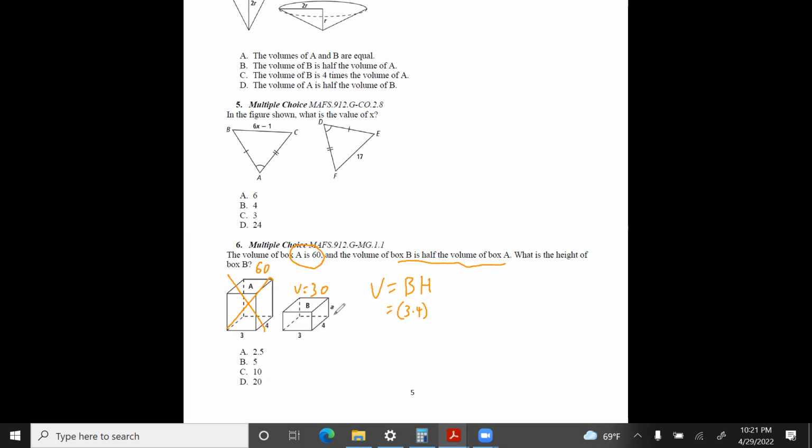Our height then is A. Our volume, we already know, is 30. So simplify the one part of our equation. 3 times 4 is 12. Get rid of the 12 by dividing it off. And when we divide that off, it gives us 2.5 for A, which was representing our height. So our answer is A.